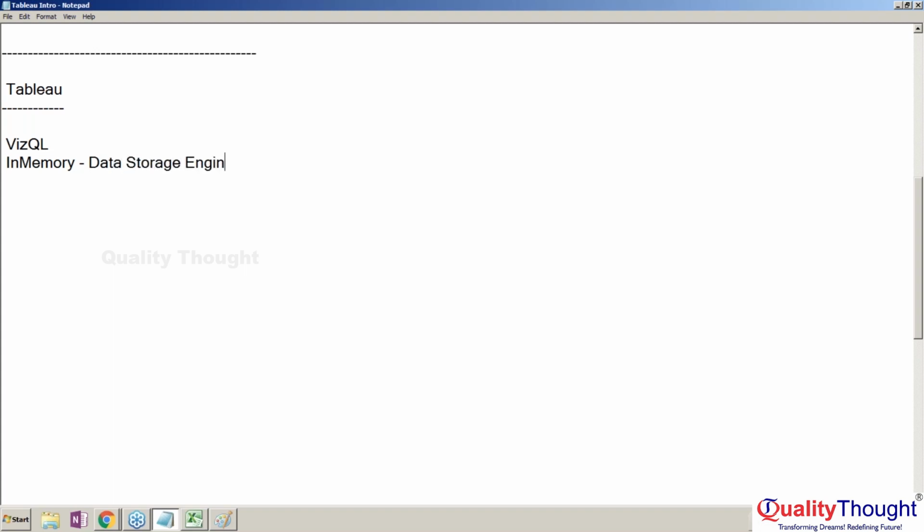One is SQL, and another one is the in-memory data storage engine. So what do you mean by SQL? This is none other than visualization query language.